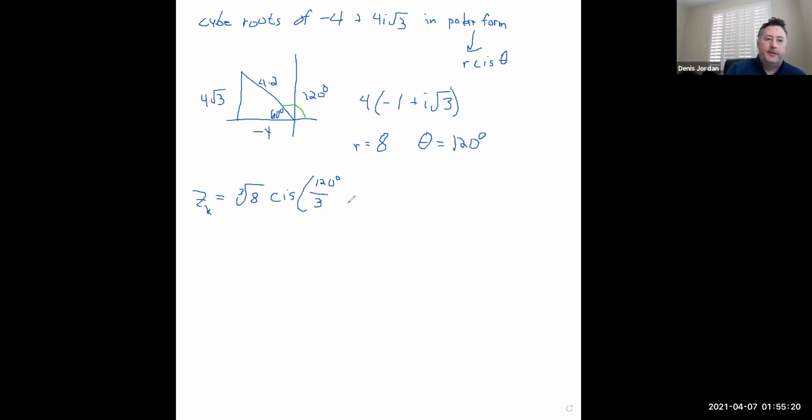If it was the 6th roots, you would divide by 6. Okay, and then it's going to be plus that 360K, and you're going to divide that by 3 as well. So you can simplify it down.